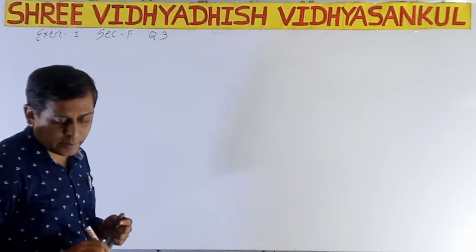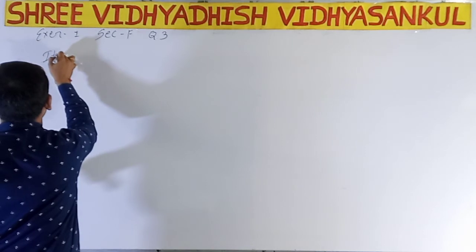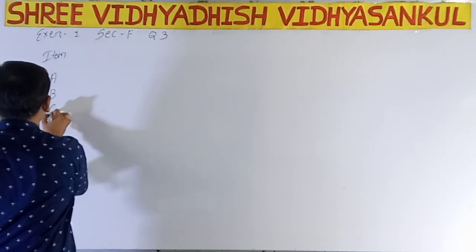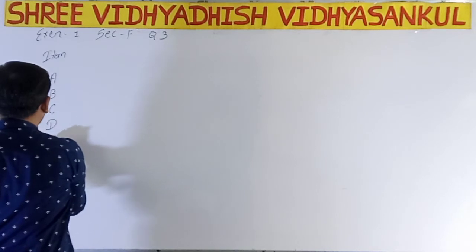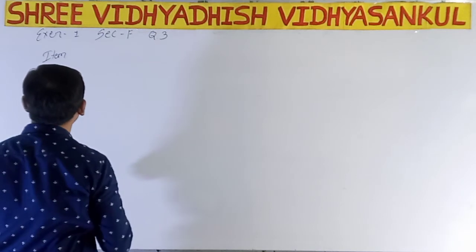Now first of all I am writing the items A, B, C, D, E and F, right?